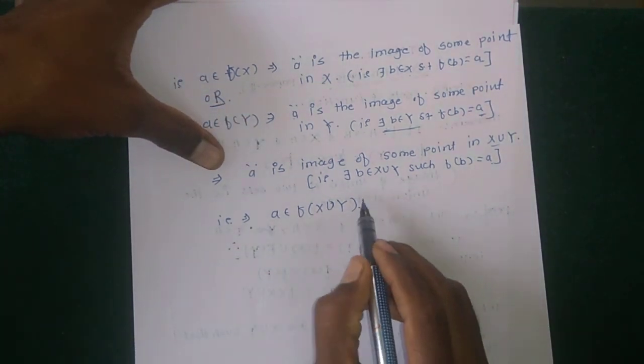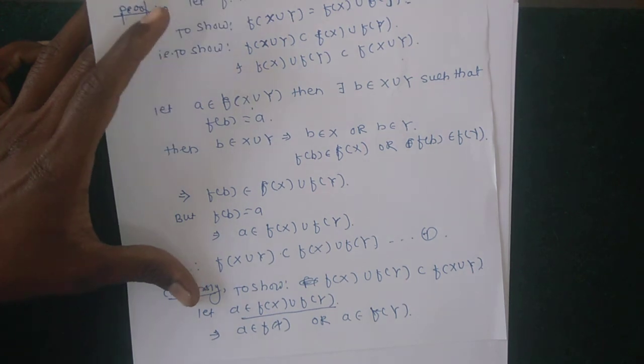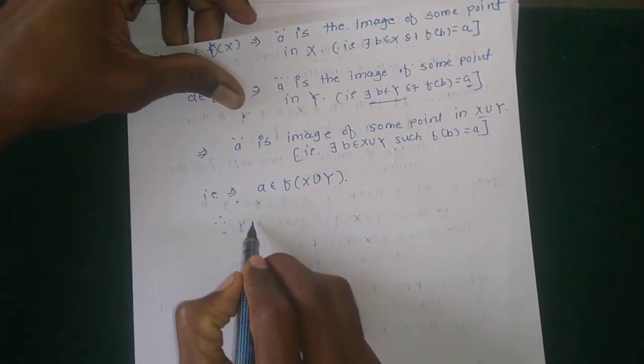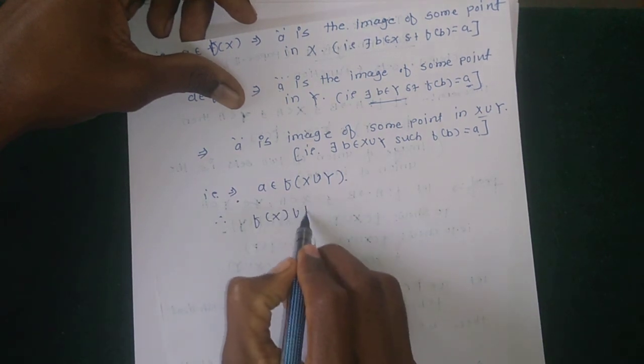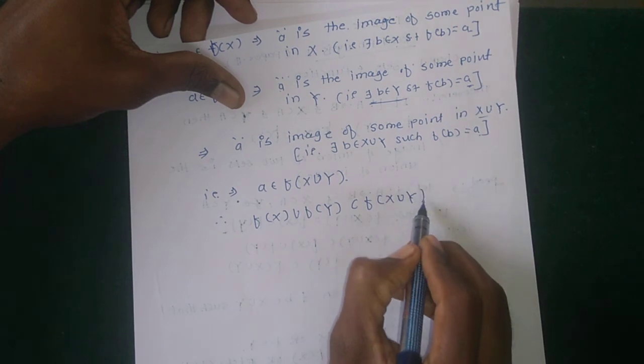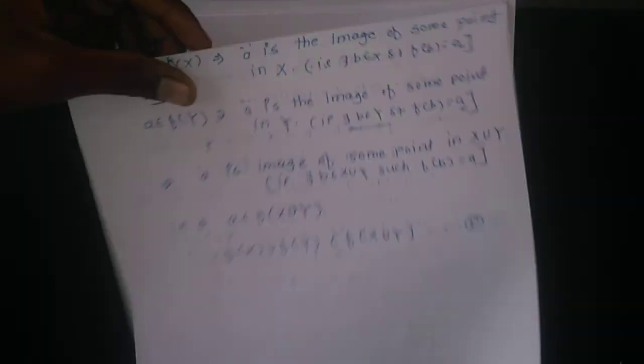Therefore a belongs to f of x union y, and here a is taken from f of x union f of y, and therefore f of x union f of y is a subset of f of x union y. This is equation number 2. Okay, this is equation number 1, this is equation number 2.